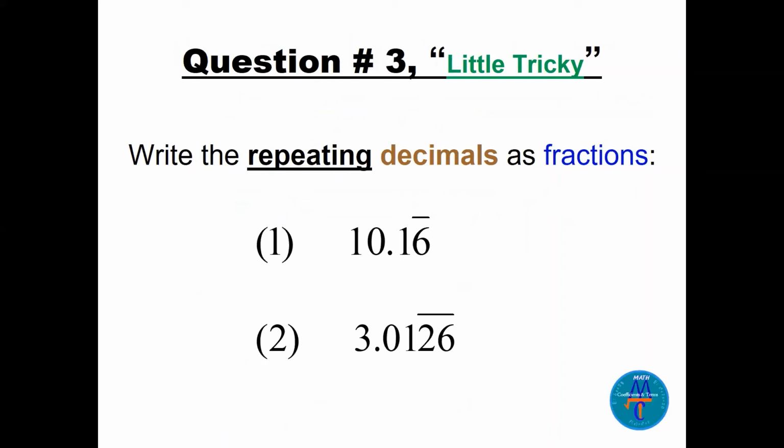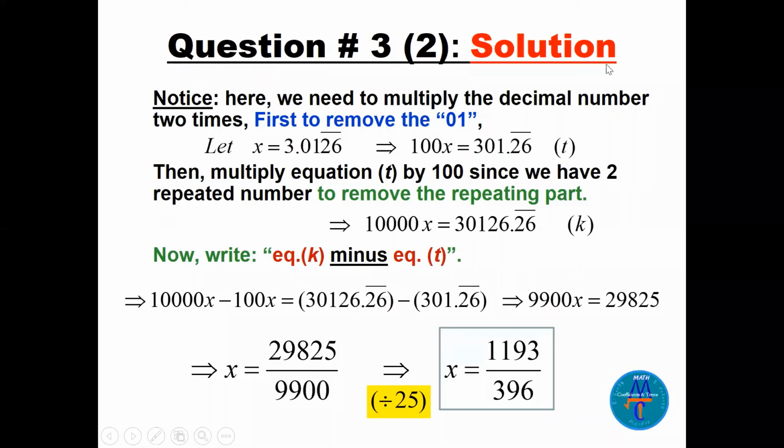Can you try the second one, please? If you like, you can pause the video for a little and try 3.01262626262626 repeated forever. Now let's look at the second part of question number 3. Here we see 3.0126 repeating.